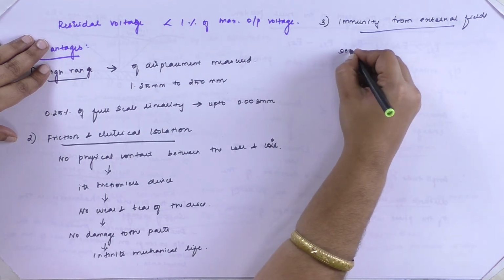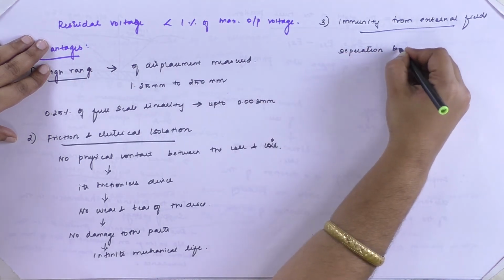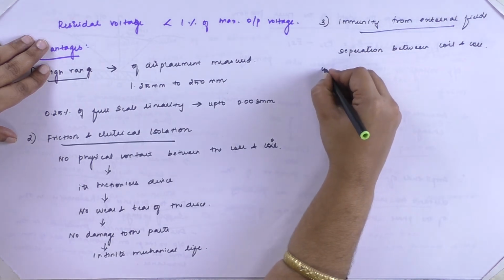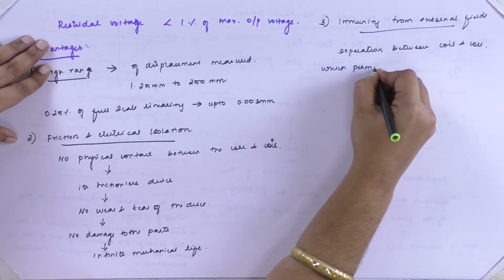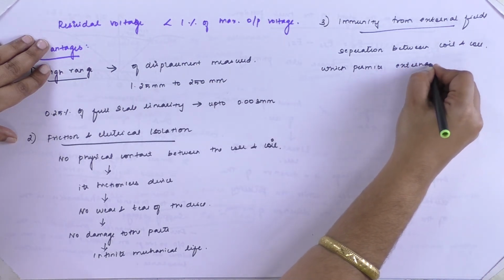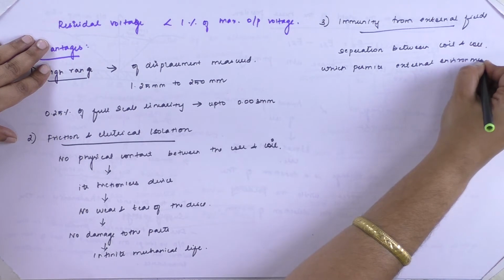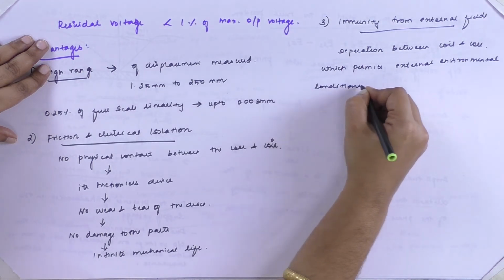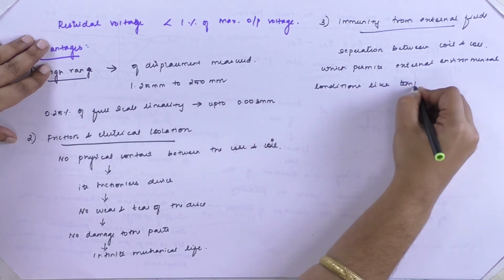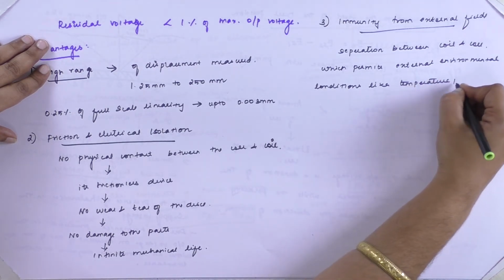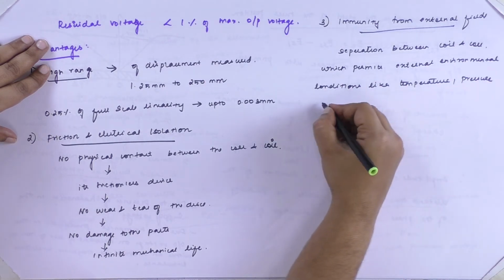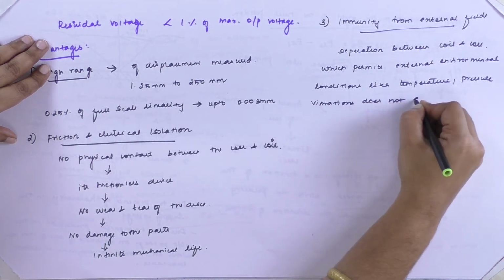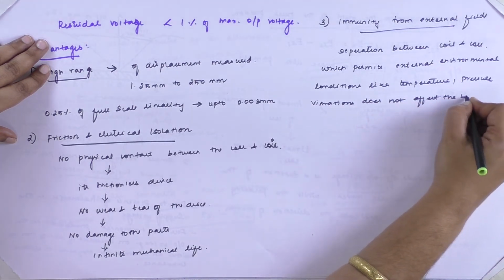So there is a separation between the coil and the core, which permits external environmental conditions like temperature, pressure and vibrations to not affect the LVDT.